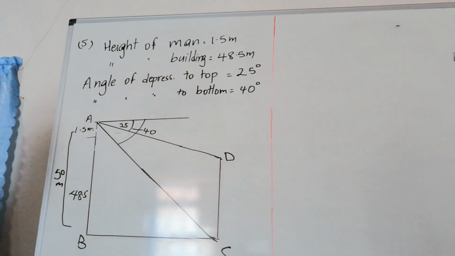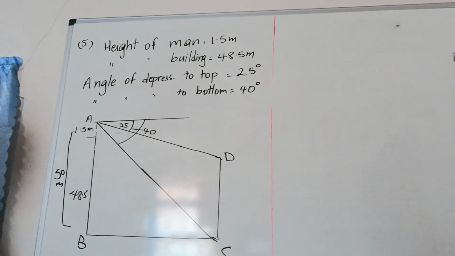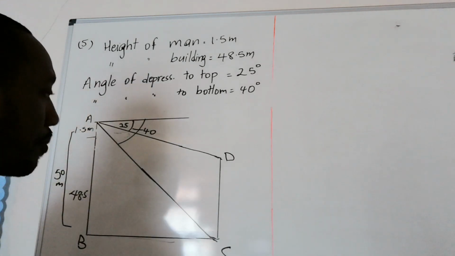Now, the first part of the question says to calculate the distance to the bottom of the building, to the base of the building across the road, along the line of sight.